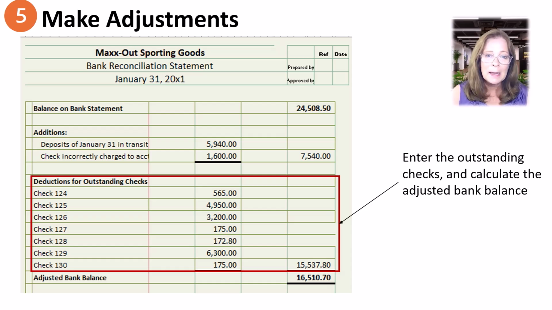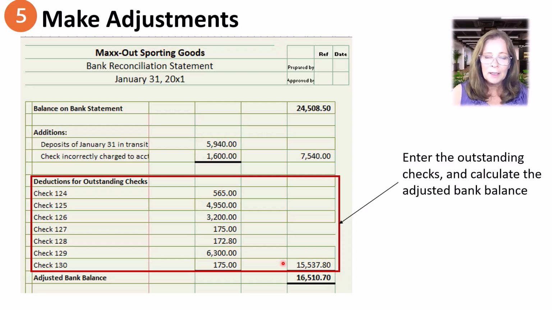Now, in this example, the outstanding checks are checks 124 through 130. Together, these checks total $15,537.80, and we entered this amount in the deductions section of the bank reconciliation.